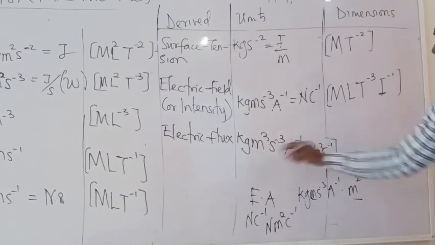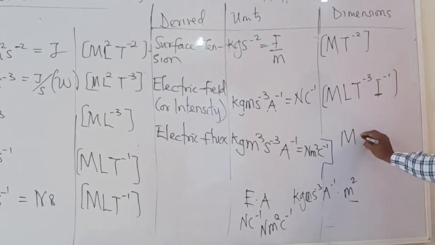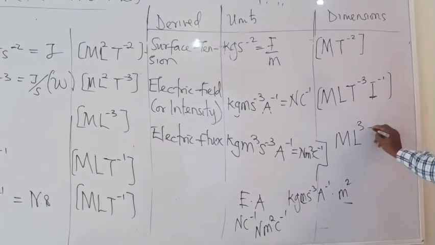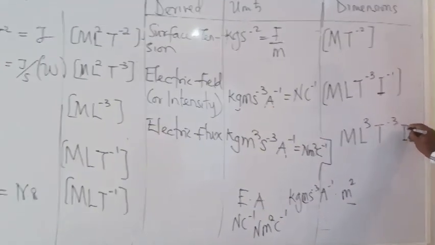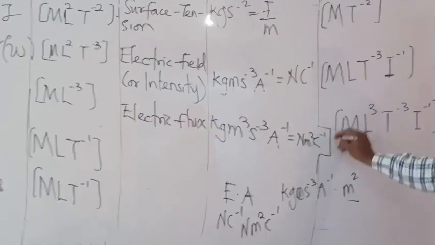The dimension will be M for mass, L raised to power 3, T raised to power minus 3, then ampere is current, so the dimension I raised to power minus 1.